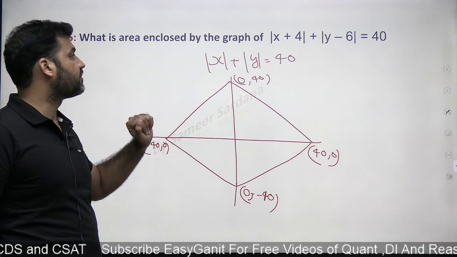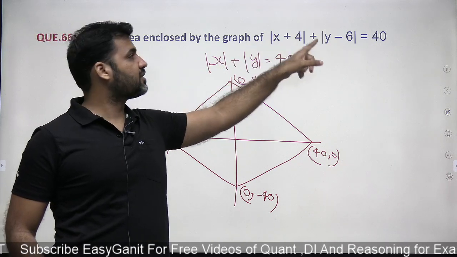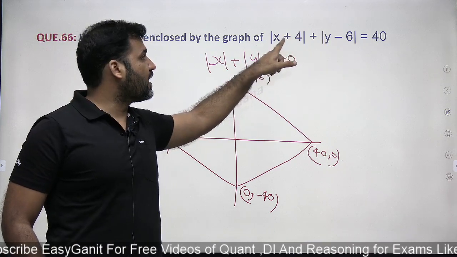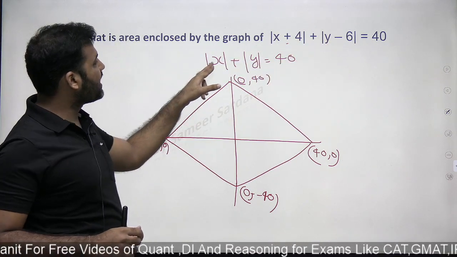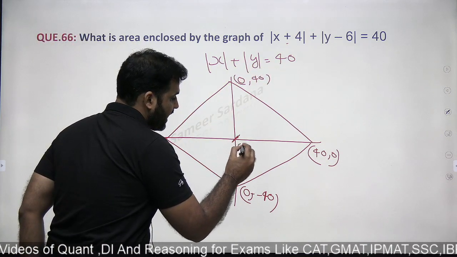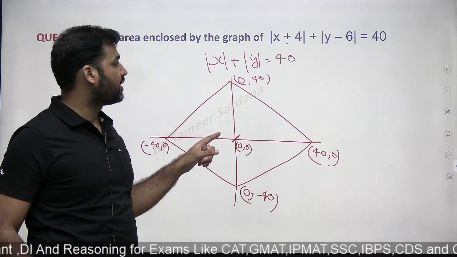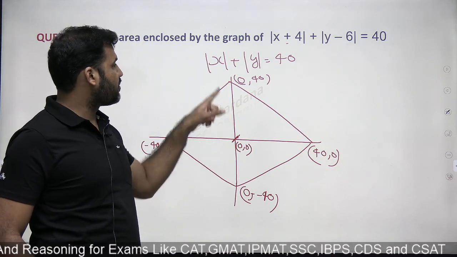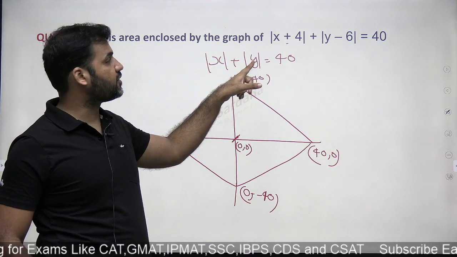enclosed by this graph. But the problem is, the question says |x + 4| + |y − 6|. Now, what are these plus 4 and minus 6 basically? See that in |x| + |y| = 40, the point of intersection of the diagonals is (0, 0), right? That is the origin of the graph. That means when I put x as 0, this mod will become 0, and when I put y as 0, this mod will become 0.